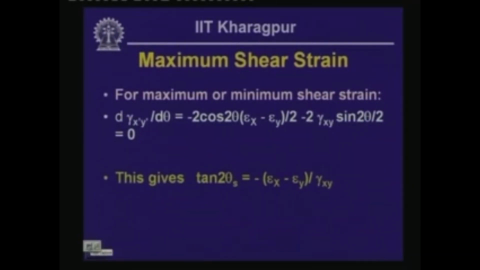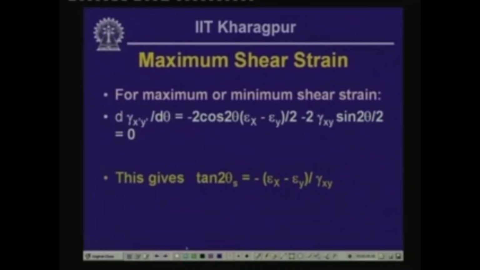As you have seen, the shearing strain at any orientation at an angle θ with reference to the x axis, which is our x', γx'y' corresponding to that direction is (εx − εy)/2 cos 2θ plus γxy/2 sin 2θ plus γxy/2 cos 2θ.